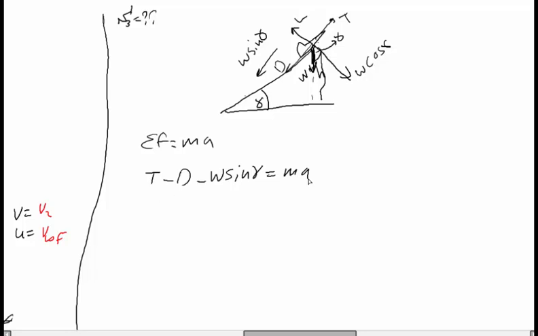We assume the velocity along this trajectory will be constant, so we have zero acceleration, because it is a steady climb. So this part goes to zero, and from this equation, sine gamma will be equal to thrust minus drag over w.